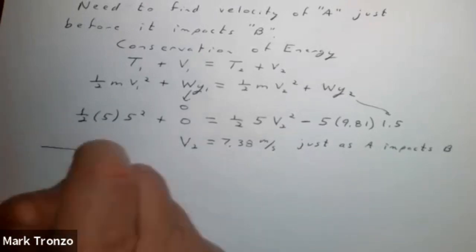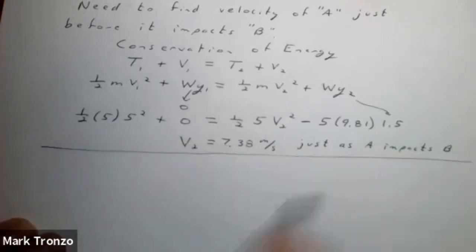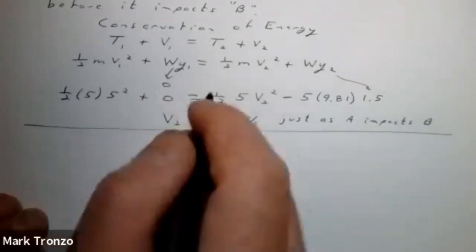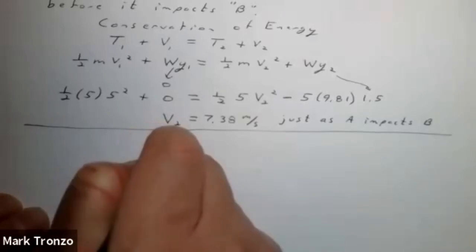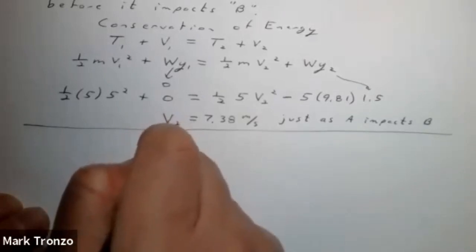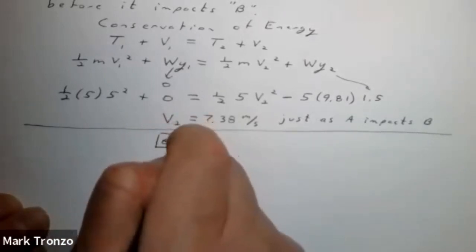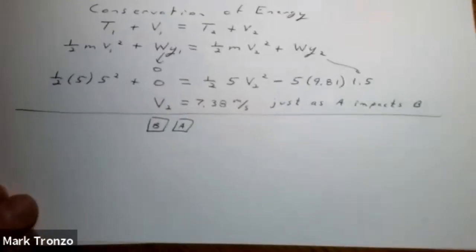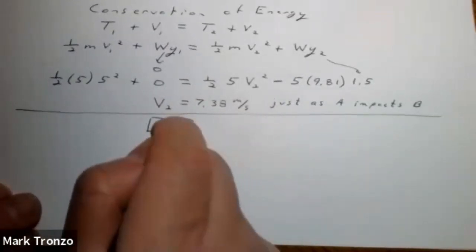So now, once they impact, then we have to use conservation of momentum. So again, now the two blocks are together here. This is B, this is A, and they're coming in contact.